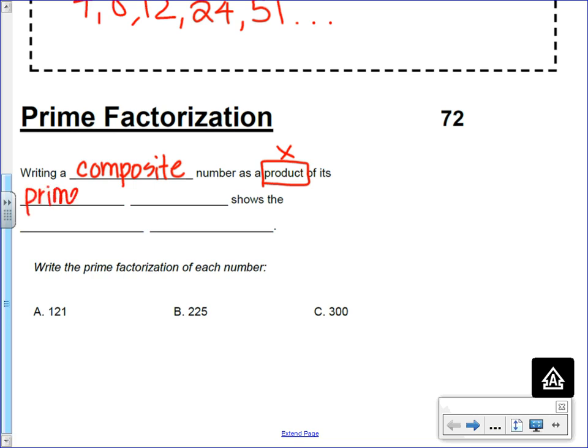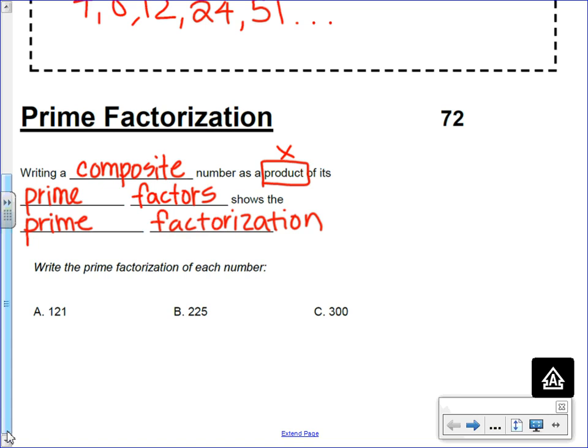So basically, we're going to find the prime numbers that make up a composite number, and that is going to show the prime factorization. Pretty simple stuff. Now, it can be a bit confusing, and you really have to know your multiplication facts. So if you struggle with multiplication facts, that can be challenging. So let's start with 72 and we'll work from there.